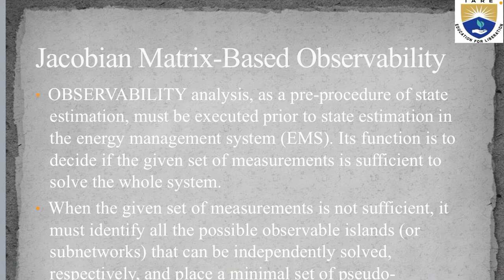When the given set of measurements is not sufficient, it must identify all the possible observable islands or subnetworks that can be independently solved, respectively, and place a minimal set of pseudo measurements to merge the obtained observable islands. Observability analysis has so far been accomplished by the topological and numerical approaches.